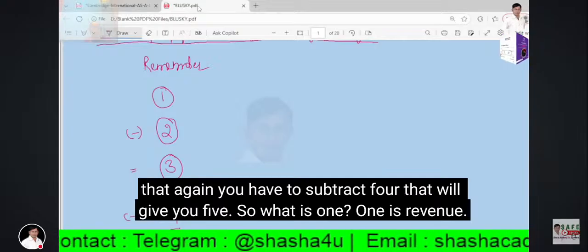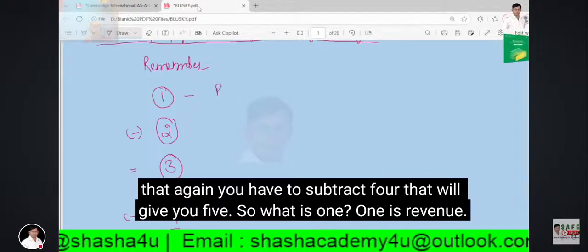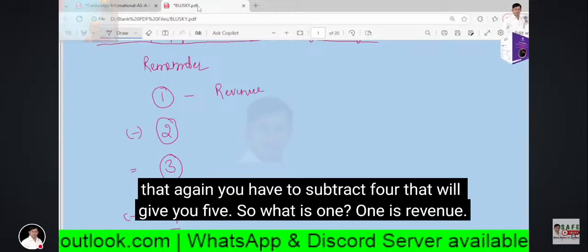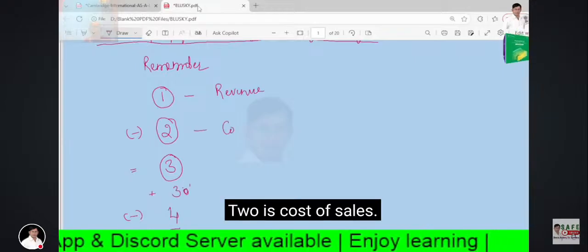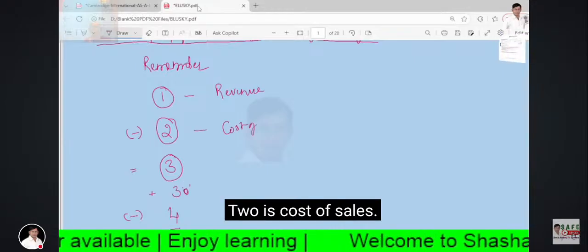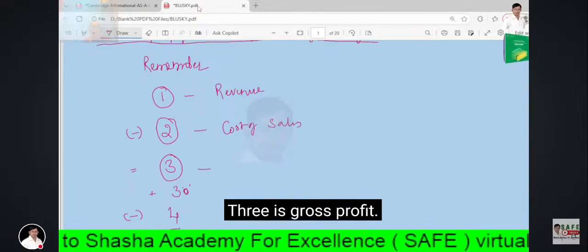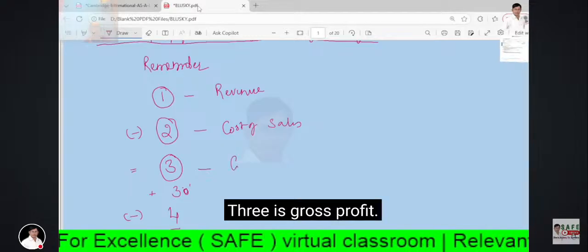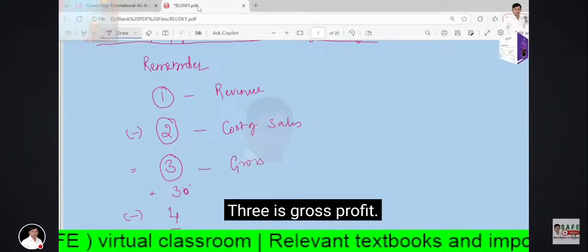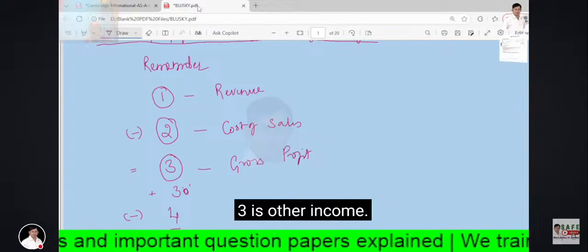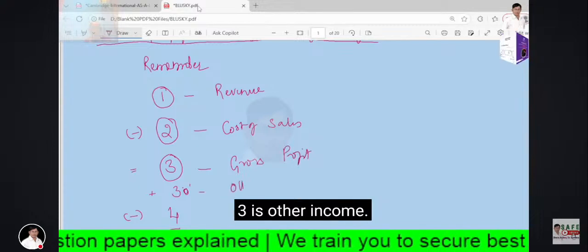So what is 1? 1 is revenue. 2 is cost of sales. 3 is gross profit. 4 is other income.